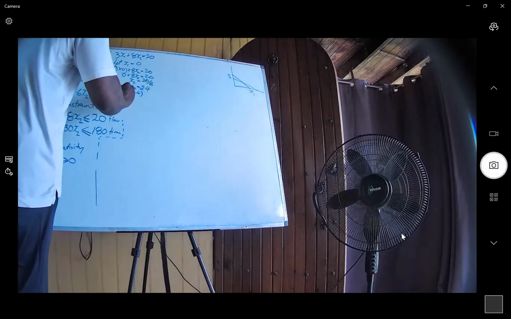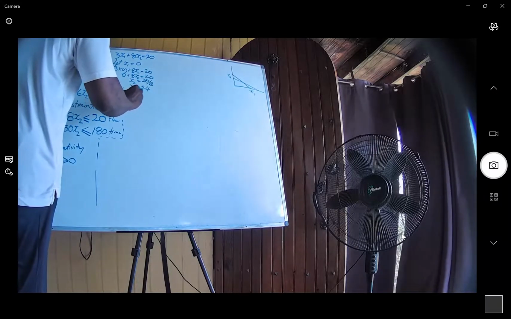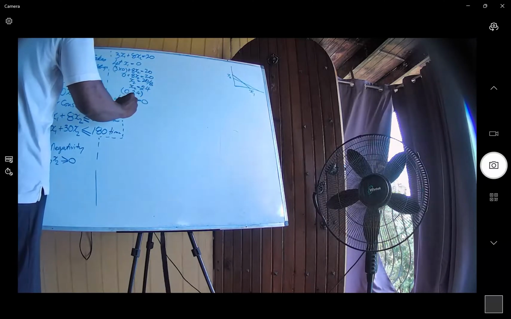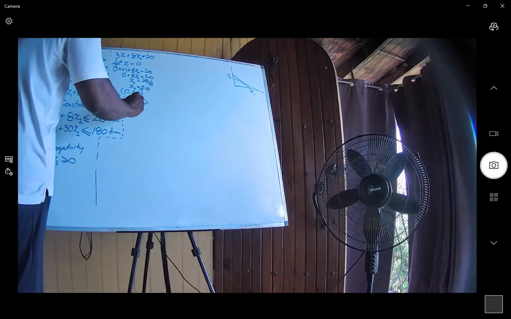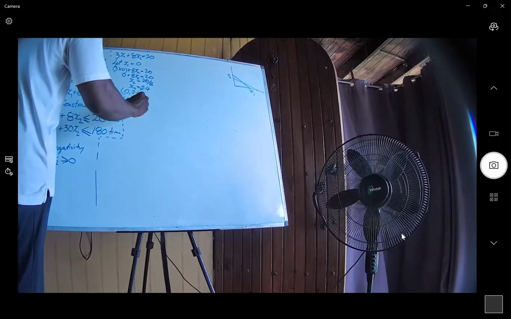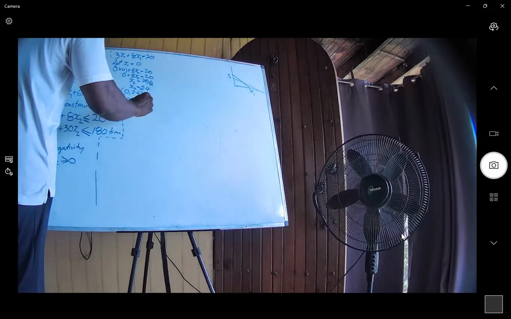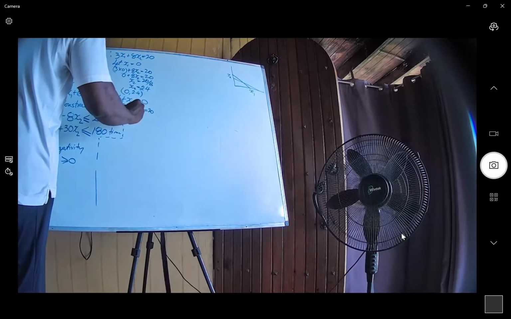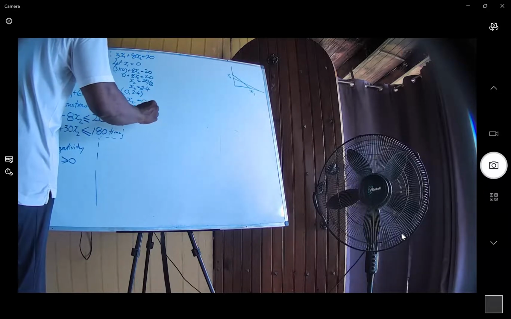And then you're going to let x2 equals 0. When x2 equals 0, you have 3x1 plus 8 times 0 equals 20. 3x1 plus 0 equals 20.